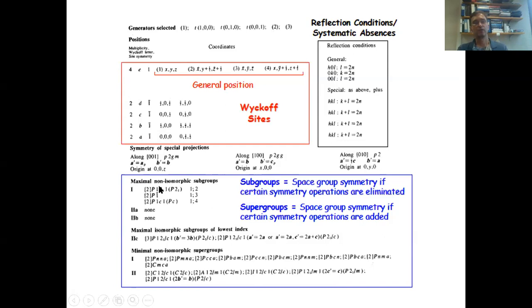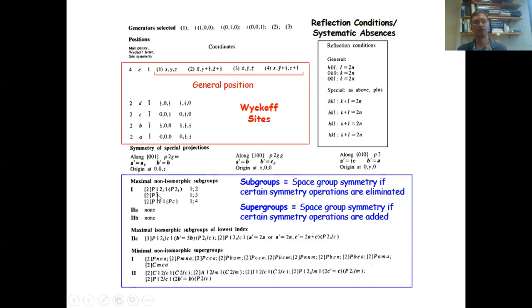Okay, so for instance, P121 or P21 is a subgroup of P21 over C because the C glide plane has been eliminated.